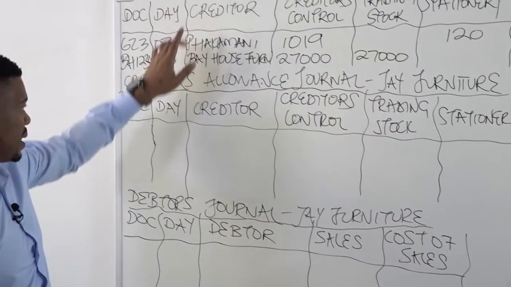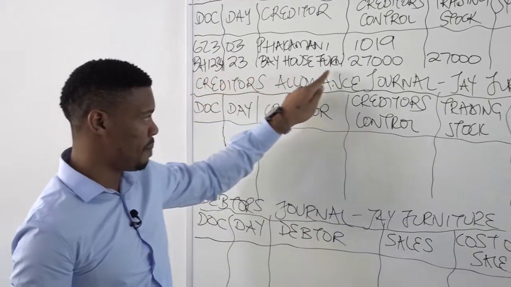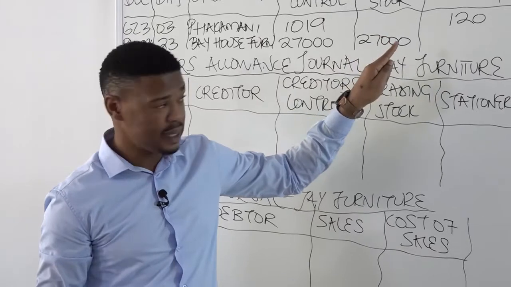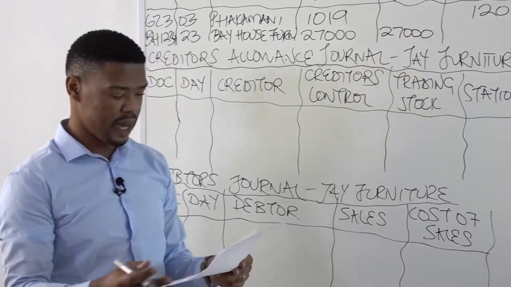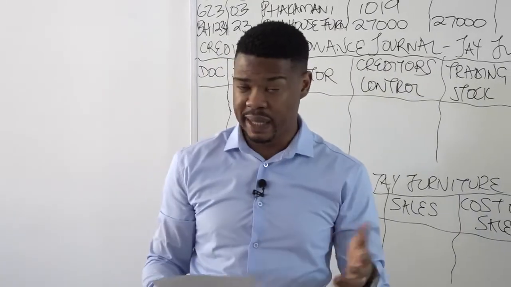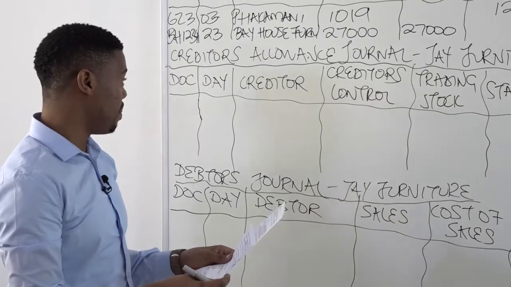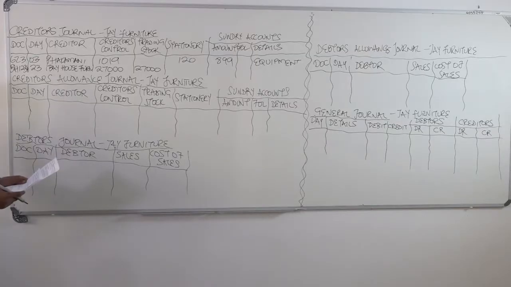If we think back to the creditor's journal, there's BH1234. It means we were supposed to receive a credit discount on this transaction, and then they omitted it. So we've gone back to them, and now they must implement that discount on that credit invoice.